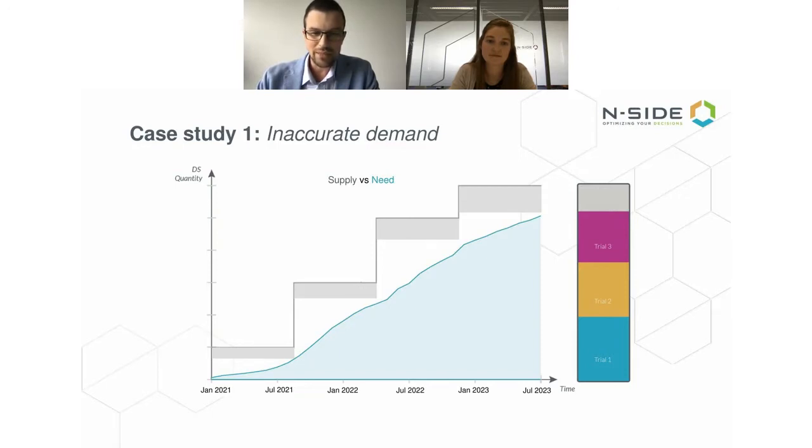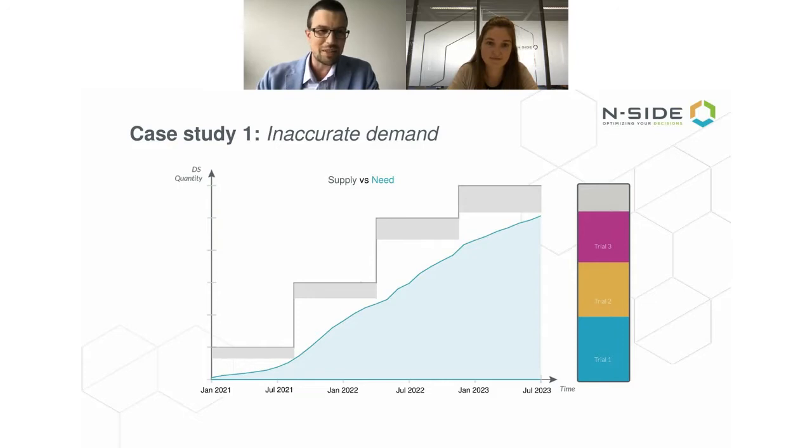And so what it boiled down to is this graph on the right that is very similar to what Pauline just showed you, where you have your 3 trials with a given demand and then some additional buffer built on top. Again, probably what you would expect from the supply of a clinical program and nothing to worry about too much there.